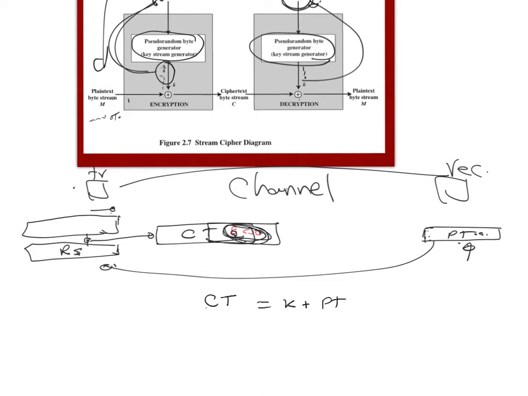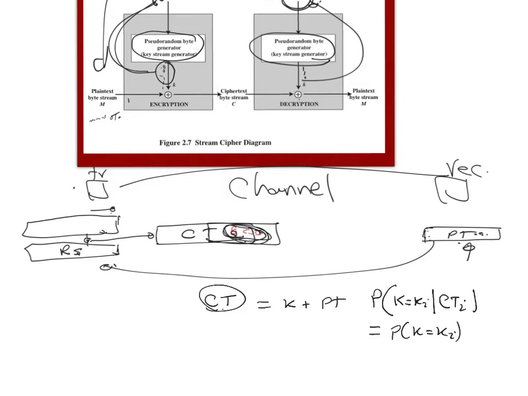So the idea is that if you know the cipher text, there is a proof that the probability that the key takes a certain value, given that you know the cipher text, interestingly, is in fact the probability that the key takes a certain value.